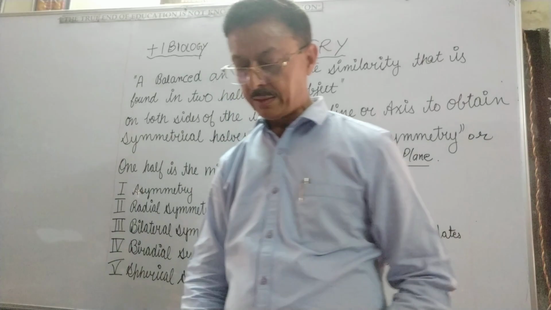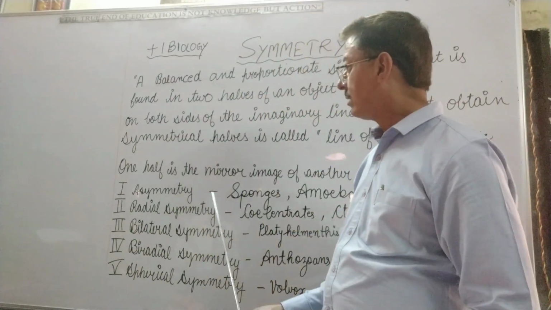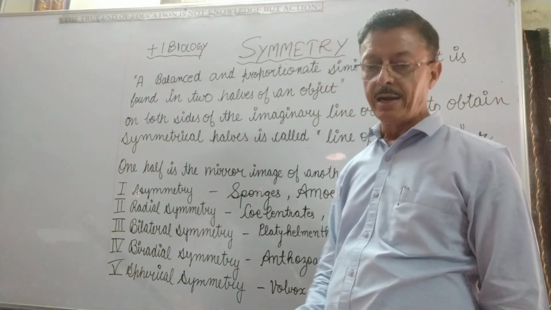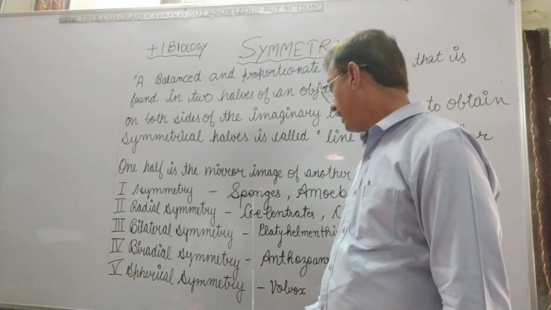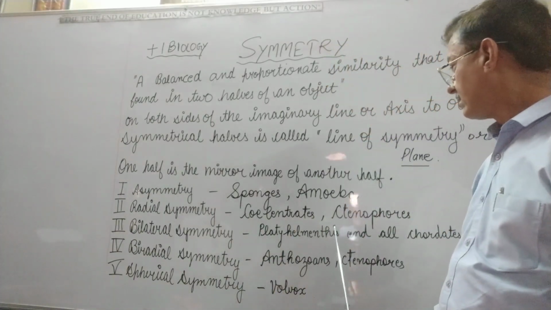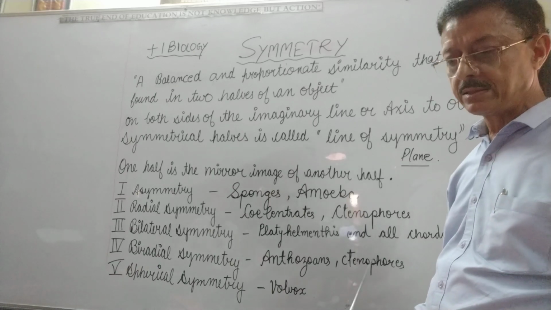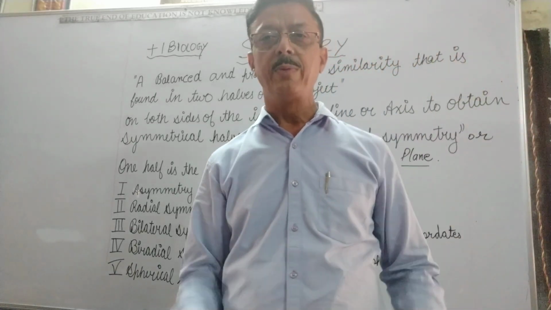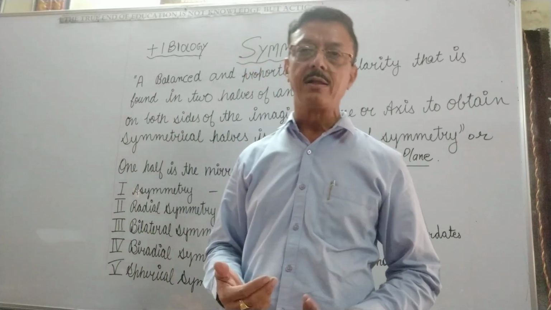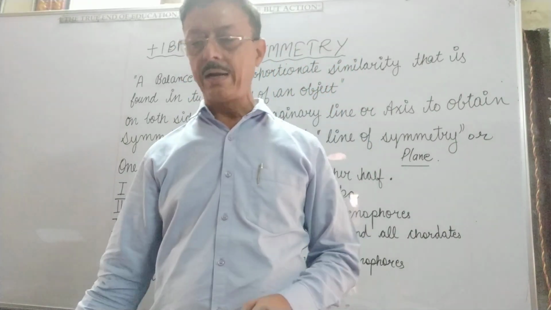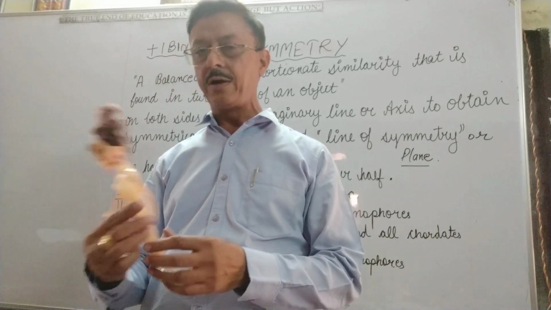Another type of symmetry, the third, is bilateral symmetry. Bilateral symmetry is found mainly in the platyhelminthes, mollusks, and all the chordate animals. We are also chordates. Our symmetry is also bilateral symmetry. In bilateral symmetry, here I am taking the example of a doll.